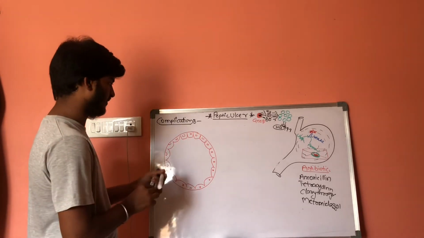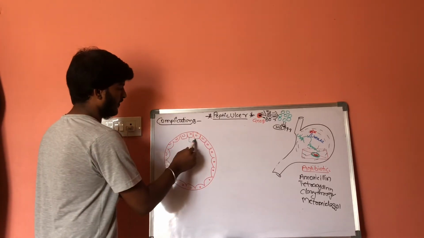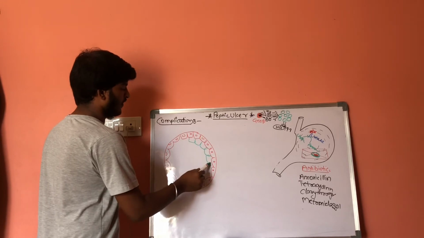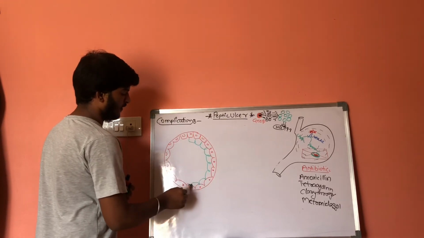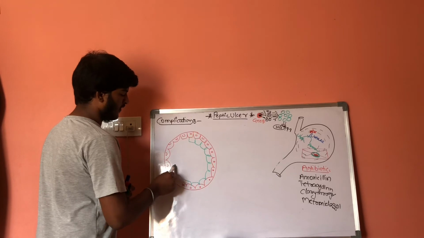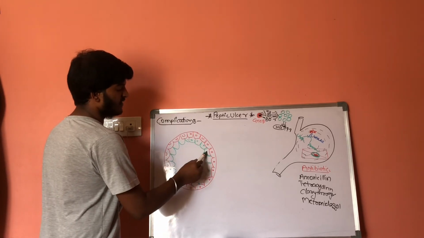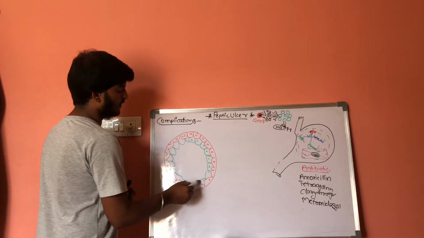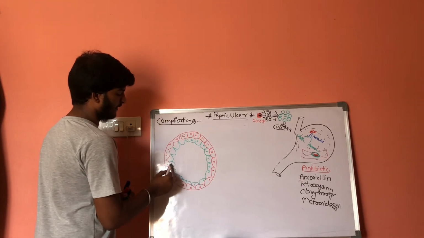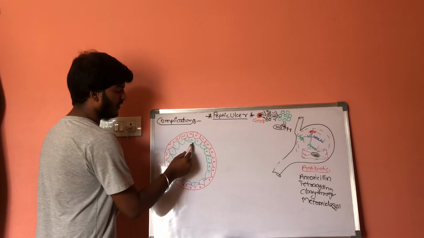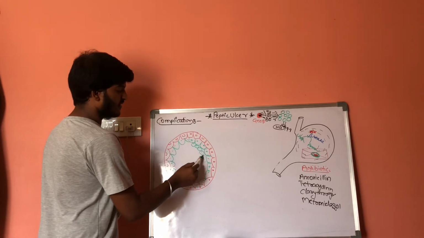Below this are the longitudinal muscles, and below this are the circular muscles.